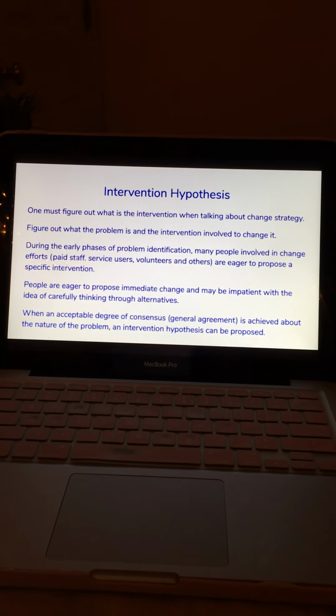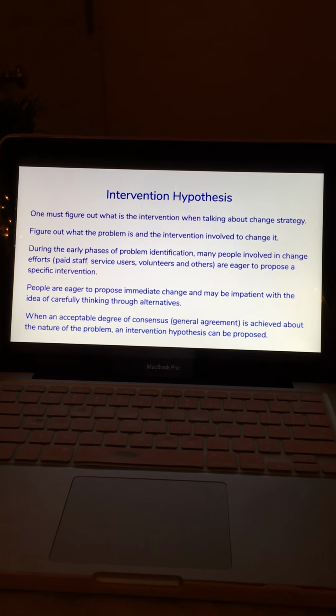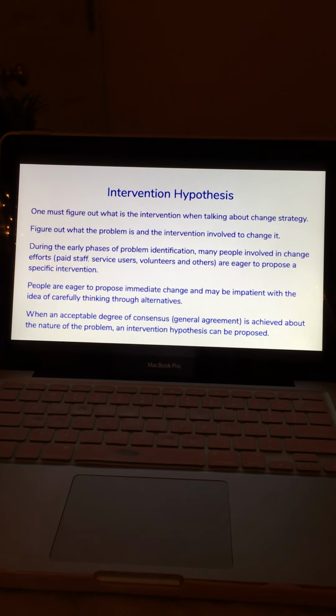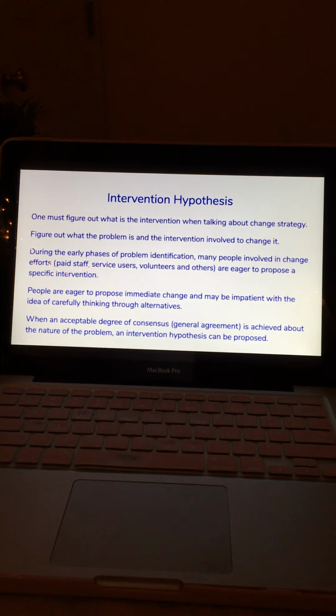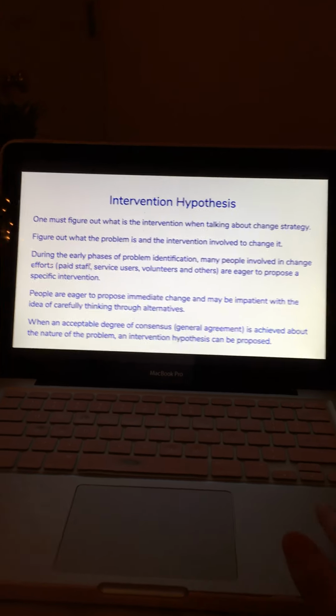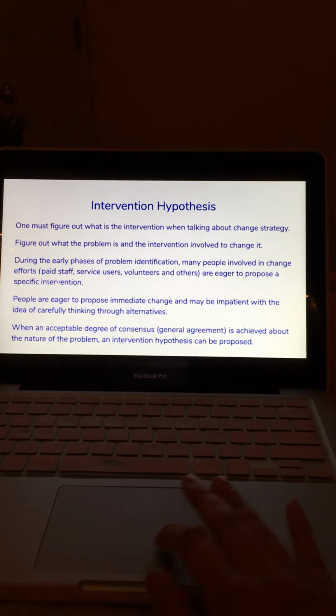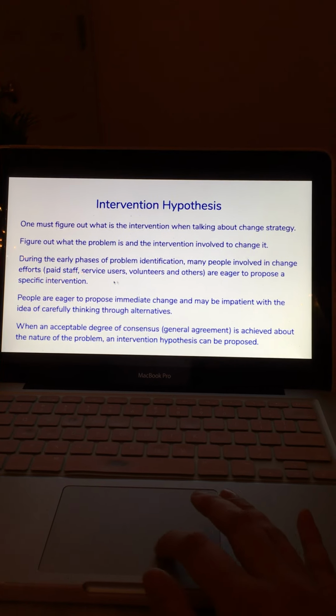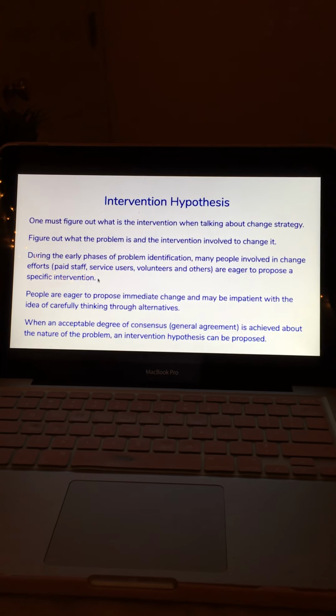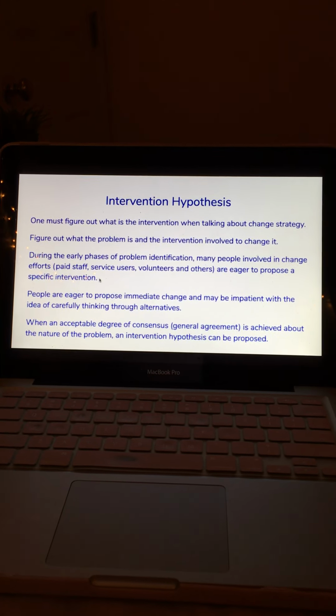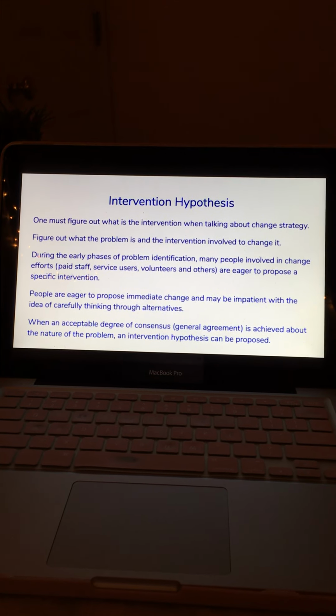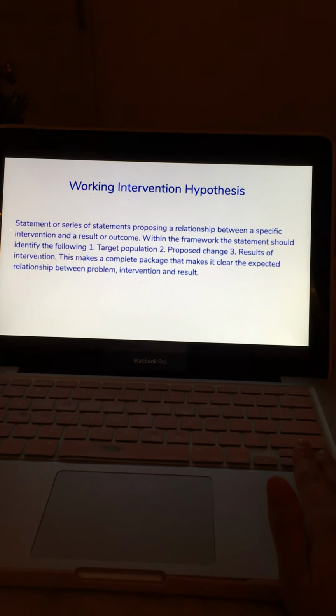When an acceptable degree of consensus, general agreement, in quotes, is achieved about the nature of the problem, an intervention hypothesis can be proposed. All these people have the right to make a change, write an intervention, and figure out what problem that's been identified needs to be changed.